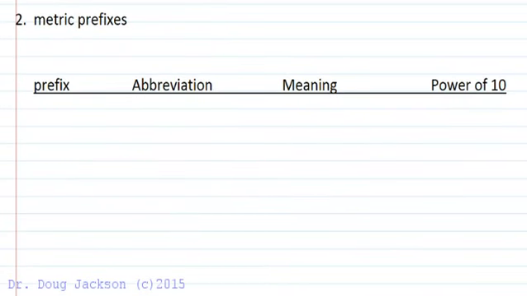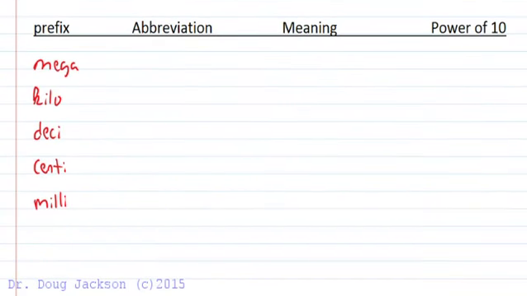For each of our units, we can scale their values based on large and small using several prefixes. Okay, and so we can start with large, mega, then kilo, and then go less than 1. Okay, these are all greater than 1. Now less than 1, we have deci, centi, getting smaller, milli, micro, and nano.